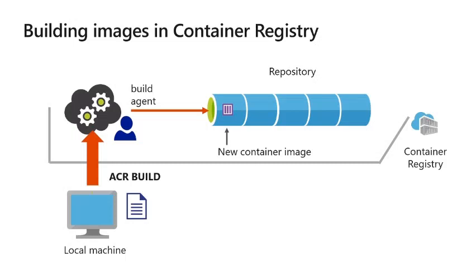The az acr build command using the Azure CLI tool receives a context, the set of files to build from the local machine, sends the context to Azure Container Registry Tasks, and by default pushes the built image to its repository upon completion.